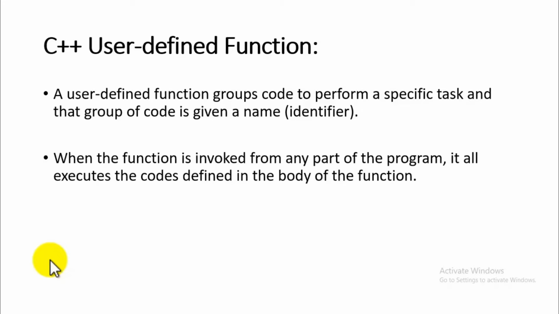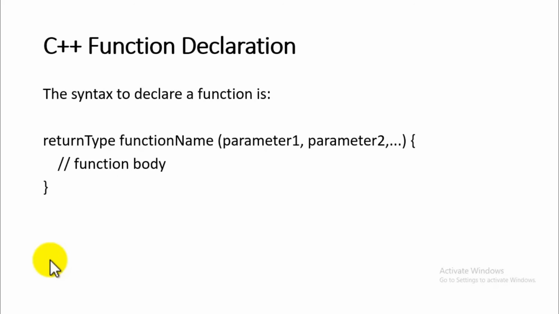A user-defined function is very similar to the main function, but in programming, the main function is the function where the program starts. Without a main function, you cannot start your program.